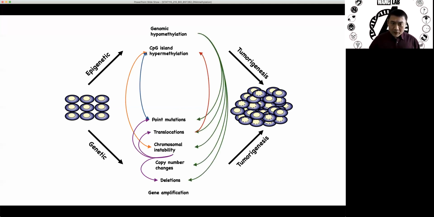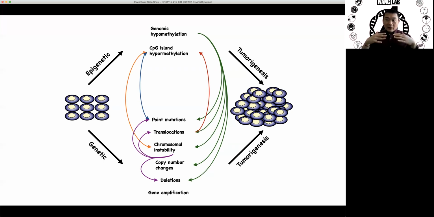So for example, the two most important hallmarks of cancer in the context of DNA methylation are genome-wide hypomethylation and increased focal methylation over promoters of tumor suppressor genes, right? So as we just mentioned, when you have genome-wide hypomethylation, the paracentromeric regions are losing methylation, right?